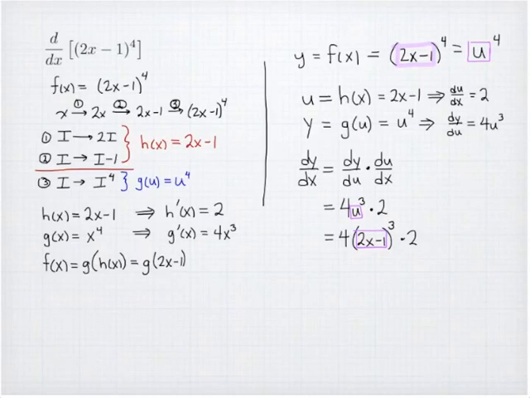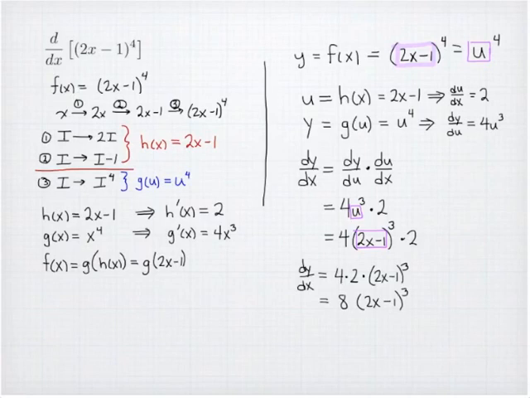So my final answer, dy dx, equals 4 times 2 times 2x minus 1 all cubed. In other words, it's 8 times 2x minus 1 cubed. Right, there's my derivative.